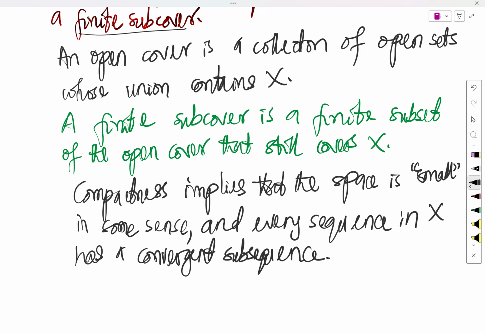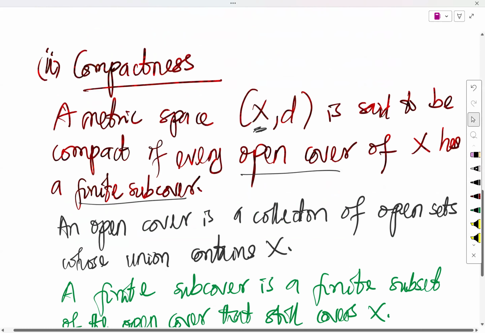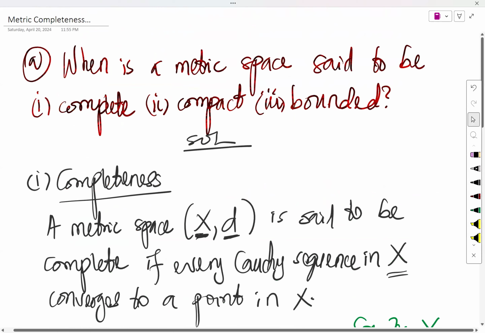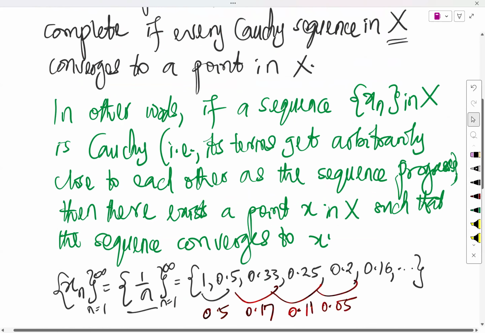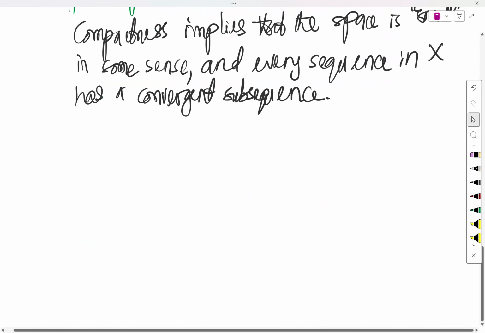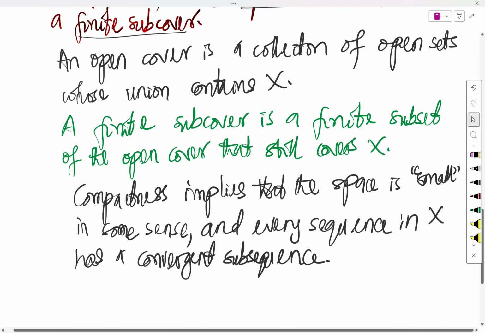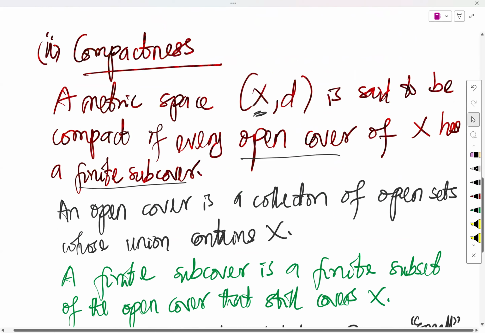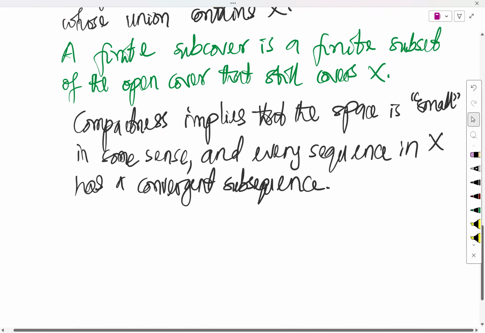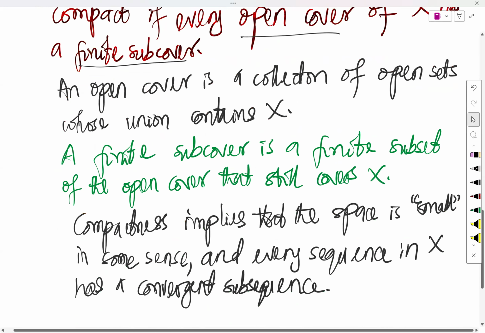And lastly, we talk about boundedness. When do you say that a metric space is bounded? Of course, it sounds like it means it has boundaries, but in the mathematical sense, we need to talk about that.